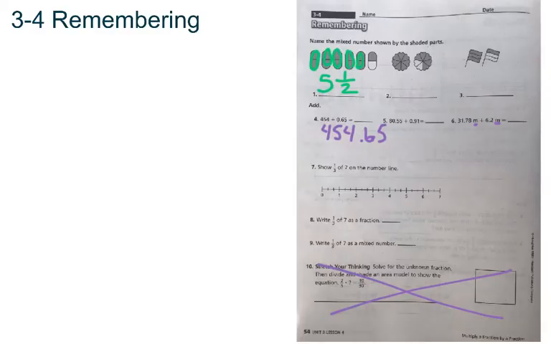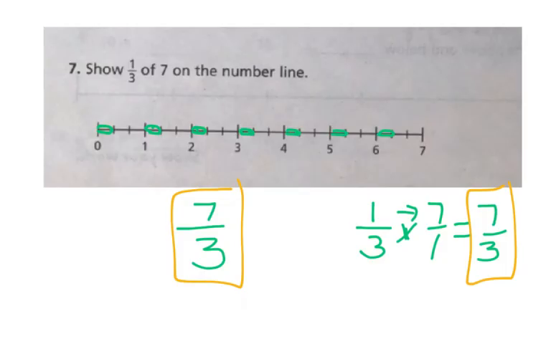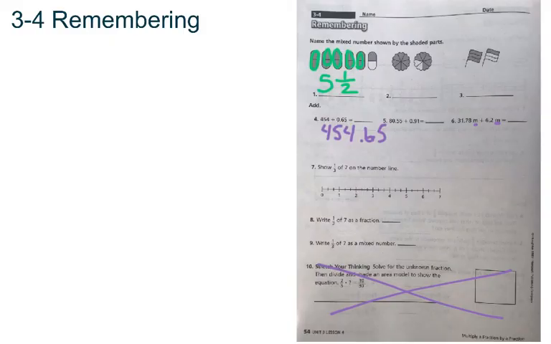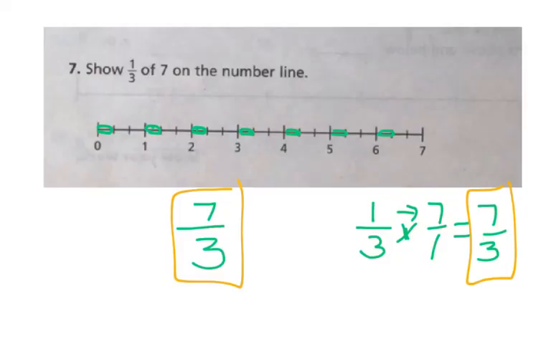And with number 8, it says write 1/3 of 7 as a fraction, and we just did that right here. 1/3 of 7 as a fraction is 7/3. And number 9 reads write 1/3 of 7 as a mixed number. In order to write it as a mixed number, we ask ourselves, how many times can 3 go into 7 without going over?